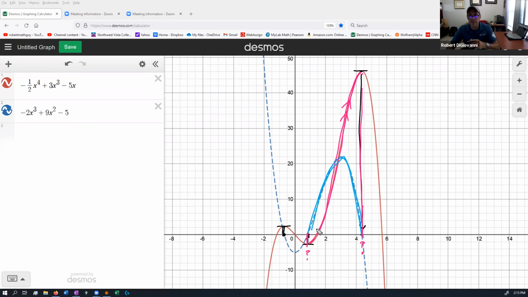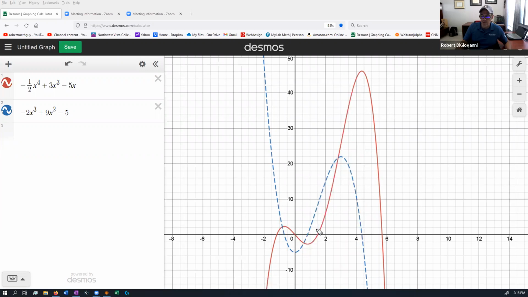We could check the rest of the areas, but that wasn't that hard to do, was it? No, that would have been absolutely hard with our other form of doing it. So we have a very powerful tool in our hands now. This power rule is tremendous.